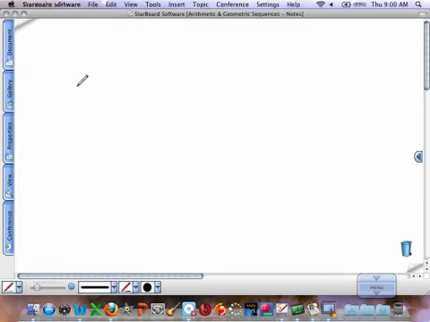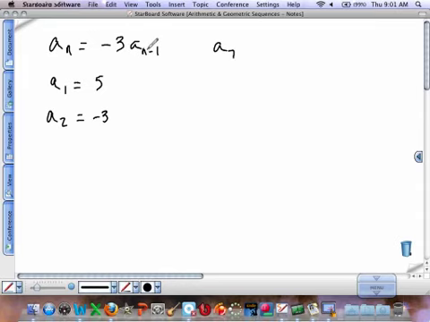All right, so let's use our formula. We have a sub n equals, I'm going to bring the r out front, negative 3 times a sub n minus 1. And you're told that a sub 1 is 5. And let's say I want you to find the 7th term. What this tells you to do is, a sub 2, based on this formula, is the negative 3 times the previous term, which is a sub 1.